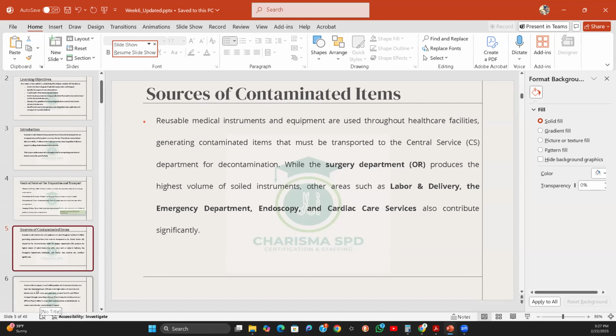So most of our heavy, dirty, contaminated instruments come from the OR. That is not to say that the OR is the only source. We have other departments that also bring contaminated items to the Central Sterile Processing Department.